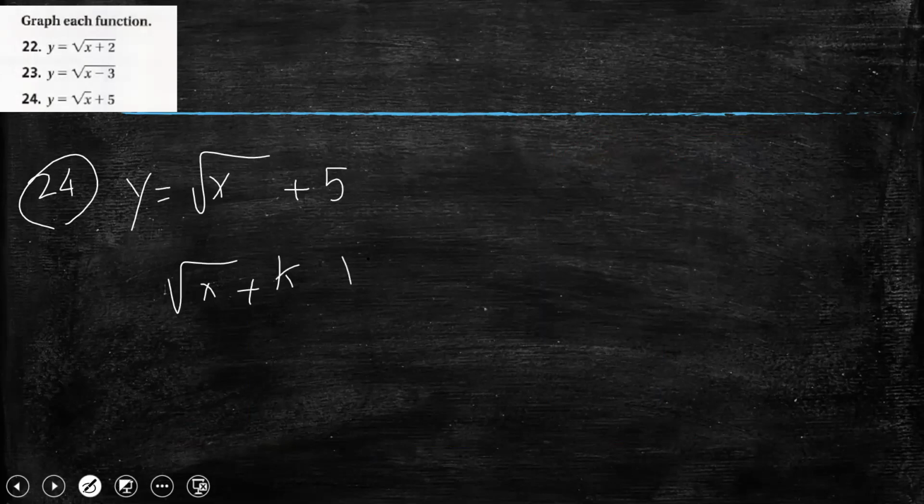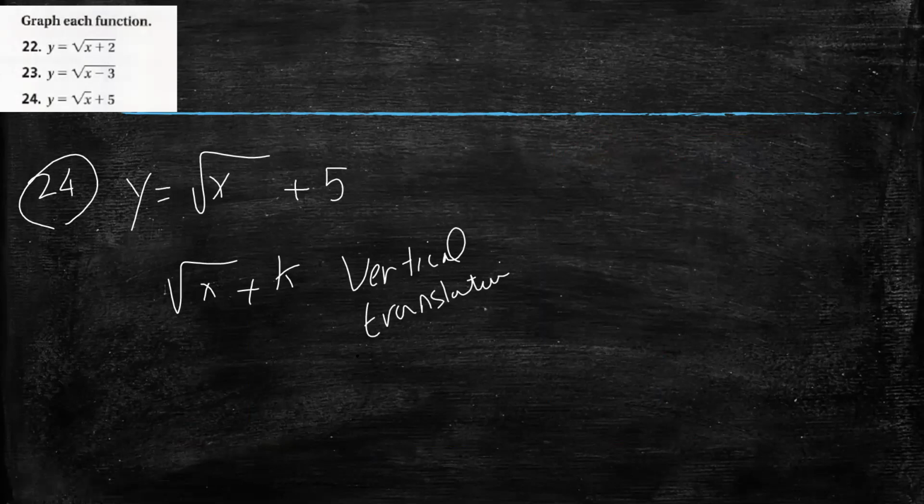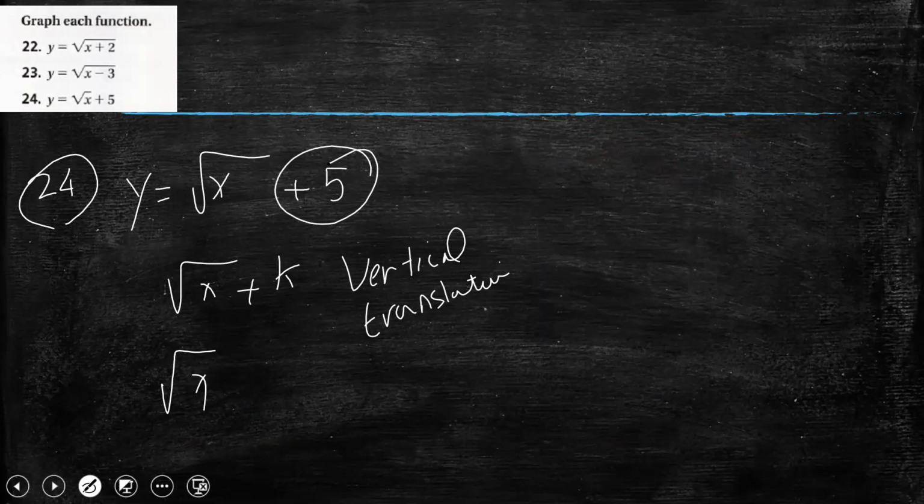So I'm talking about vertical translation. I have to move the parent function 5 steps up or down. Up. So you have to go 5 up.